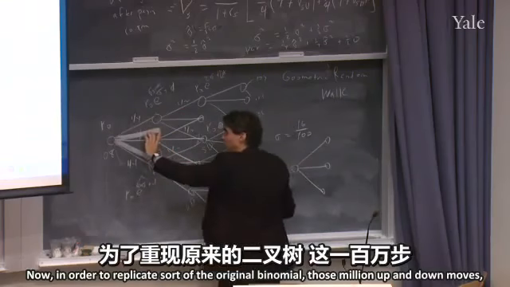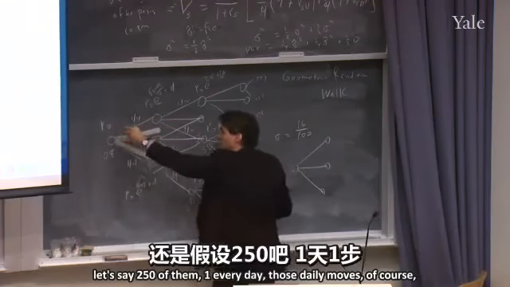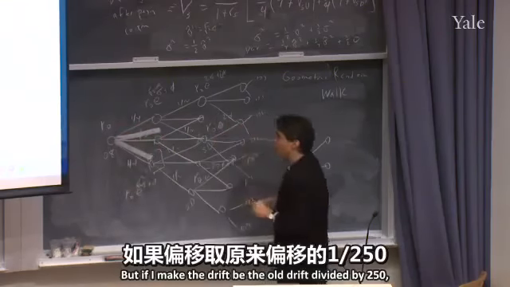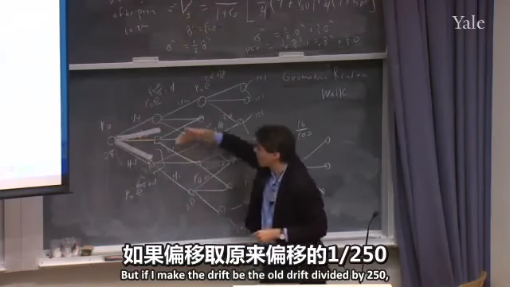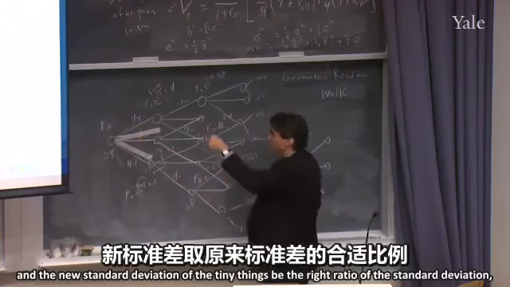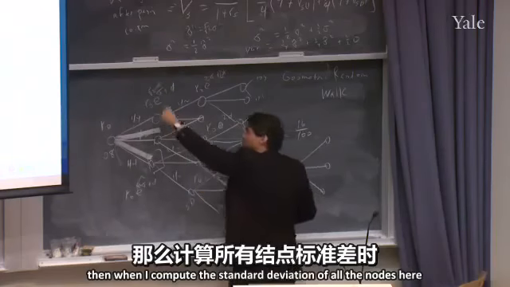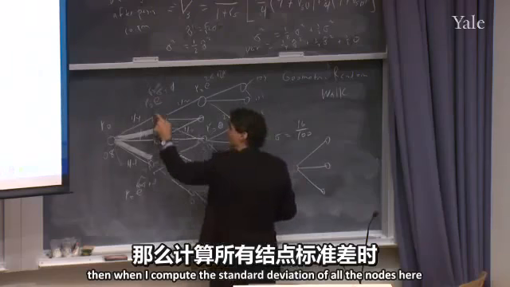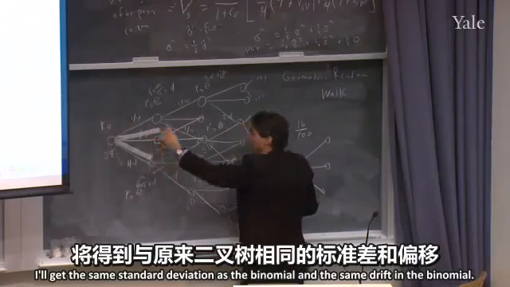Now, in order to replicate the original binomial, those million up and down moves, let's say 250 of them, one every day, those daily moves, of course, are going to be much smaller than the 1 year move. But if I make the drift the old drift divided by 250, and the new standard deviation of the tiny things the right ratio of the standard deviation, then when I compute the standard deviation of all the nodes here, I'll get the same standard deviation as the binomial and the same drift.